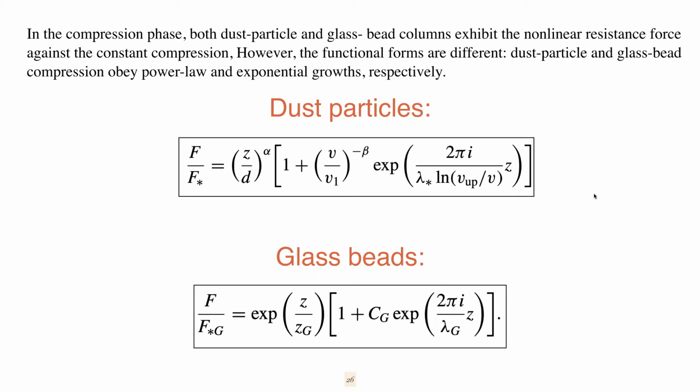So the reason why the force for those particles increases as a power law, while for glass beads it is exponential, could be related to this different nature in the composition of the particles. I see. The softness of those particles. We believe that this is the main reason.